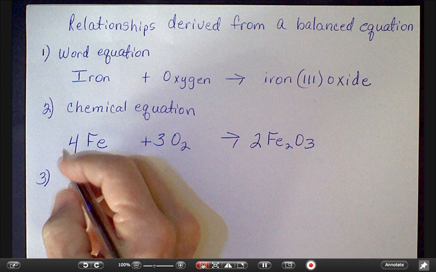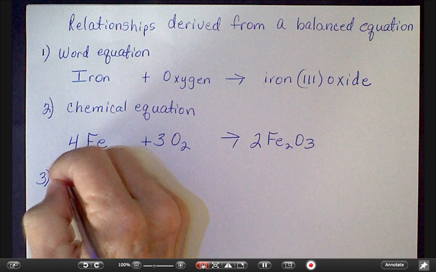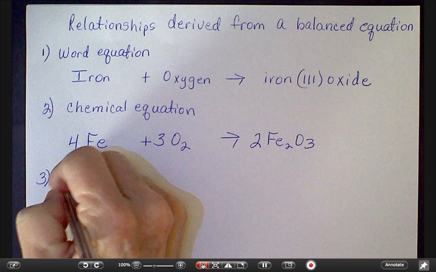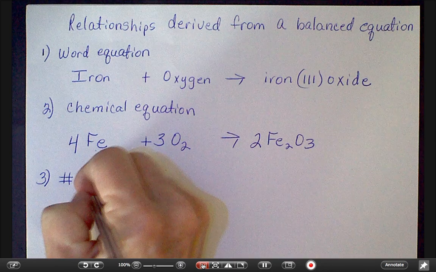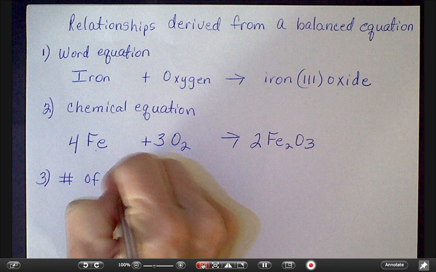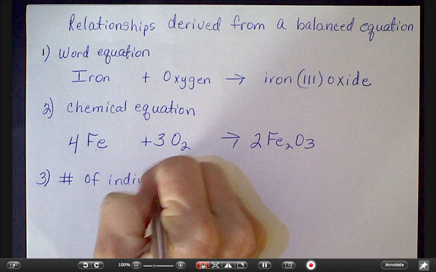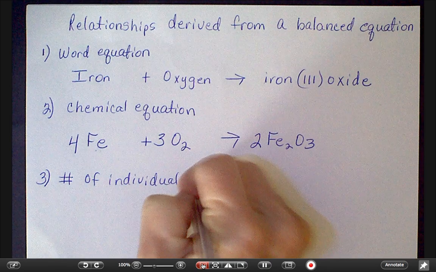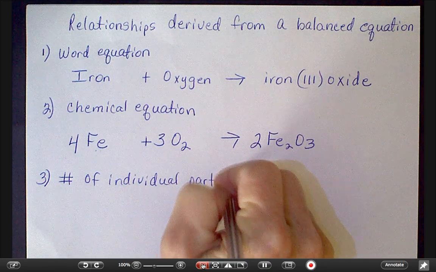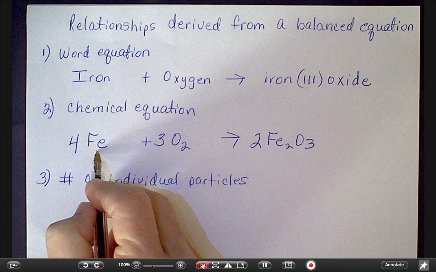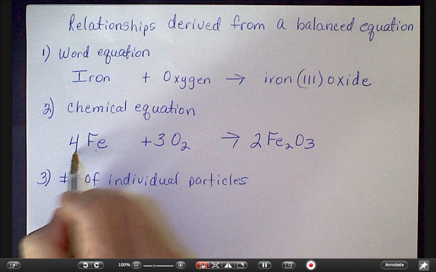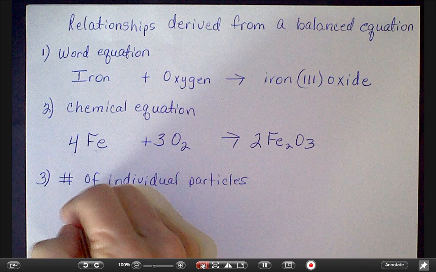Those coefficients tell you several things here. One is the number of individual particles. This is telling me how many atoms of iron? 4.